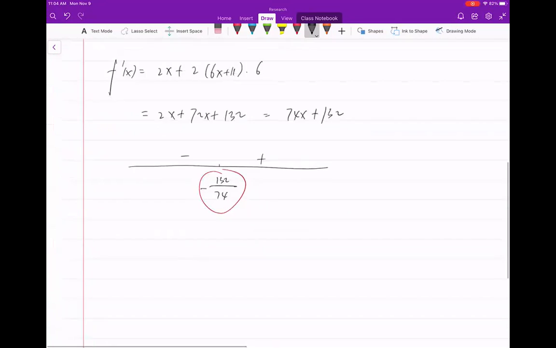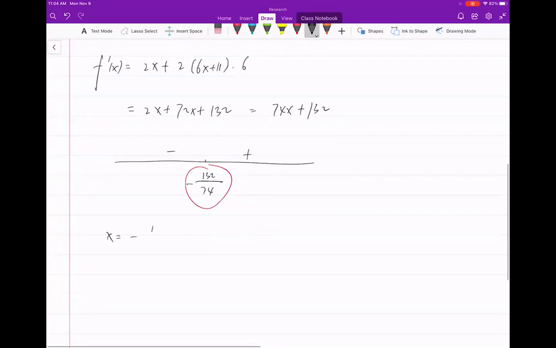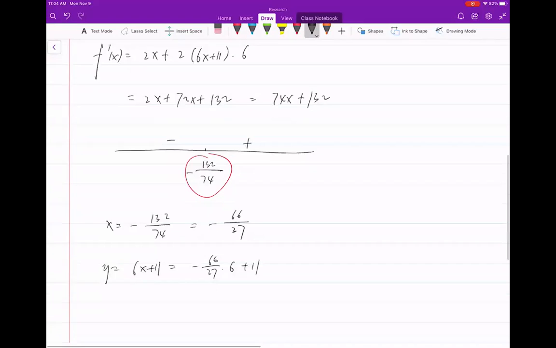Your point is going to be x equals negative 66 over 37, and your y is going to be 6x plus 11. Wait a second, what are they asking for? They're asking for the coordinates.